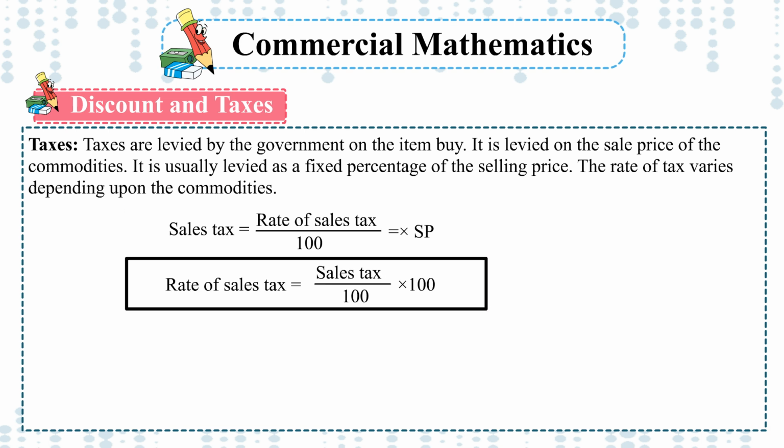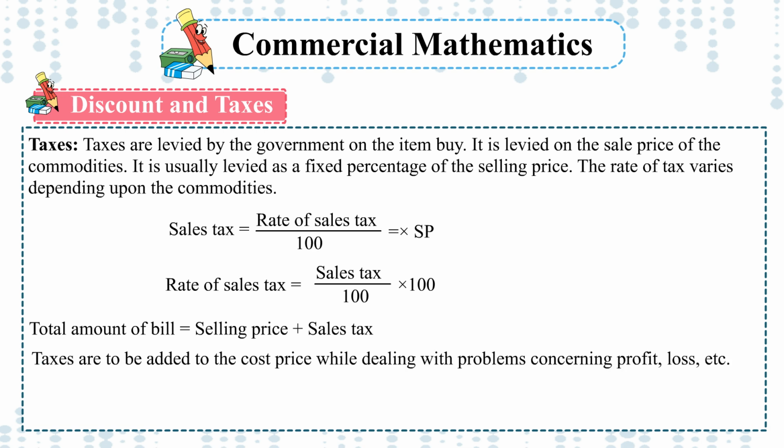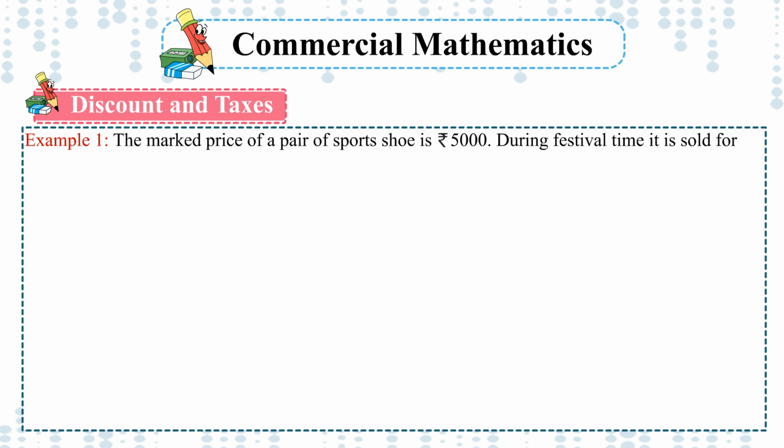Rate of sales tax is equal to sales tax upon SP multiply 100. Total amount of bill is equal to selling price plus sales tax. Taxes are to be added to the cost price while dealing with problems concerning profit, loss, etc.